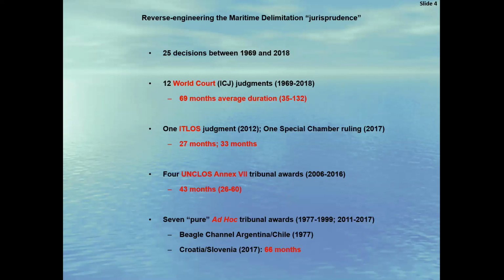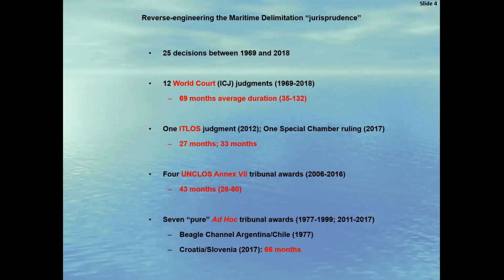A body of maritime delimitation case law or jurisprudence has developed through at least 25 decisions rendered by various international courts and tribunals since 1969. And through a technique that Rob and I call maritime boundary reverse engineering, and relying on our legal and scientific expertise, we can apply the lessons from case law to a given dispute, such as the one between Somalia and Kenya, and try to make informed predictions regarding its outcome.